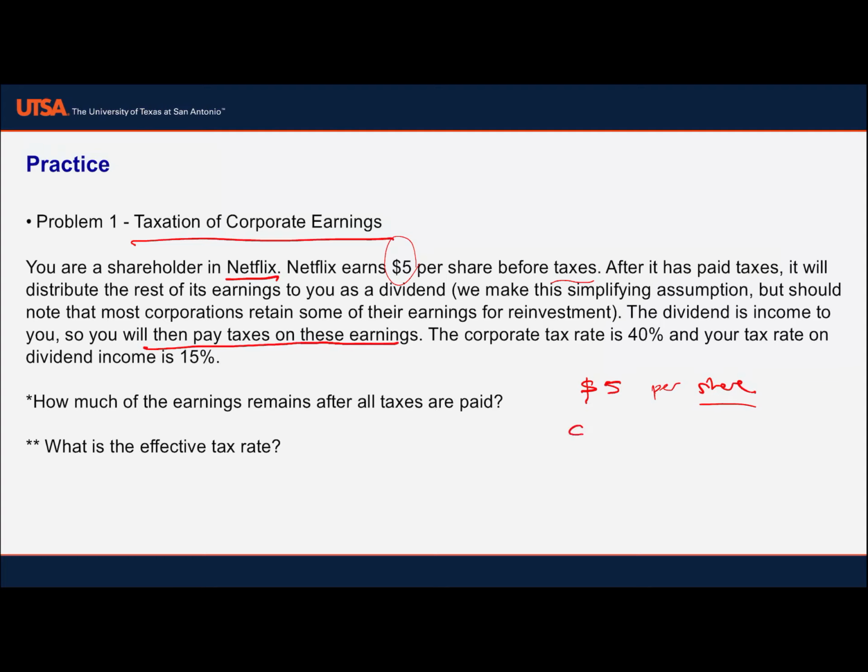The corporate tax rate is 40%, and your income tax rate on dividends is 15%.